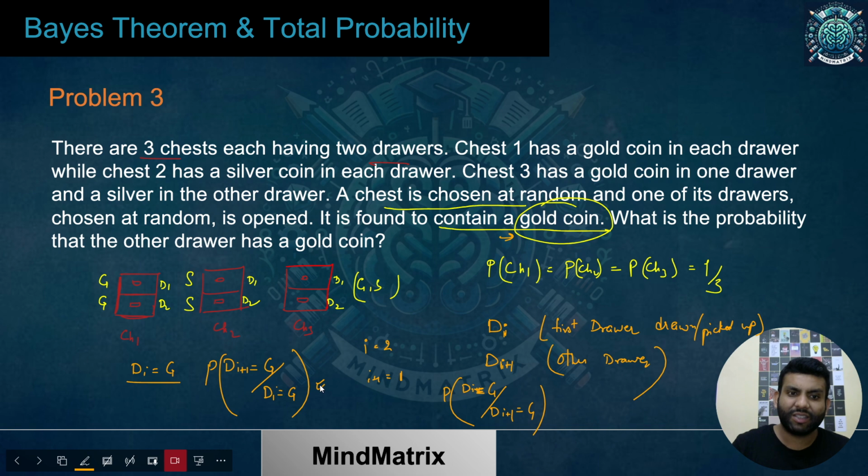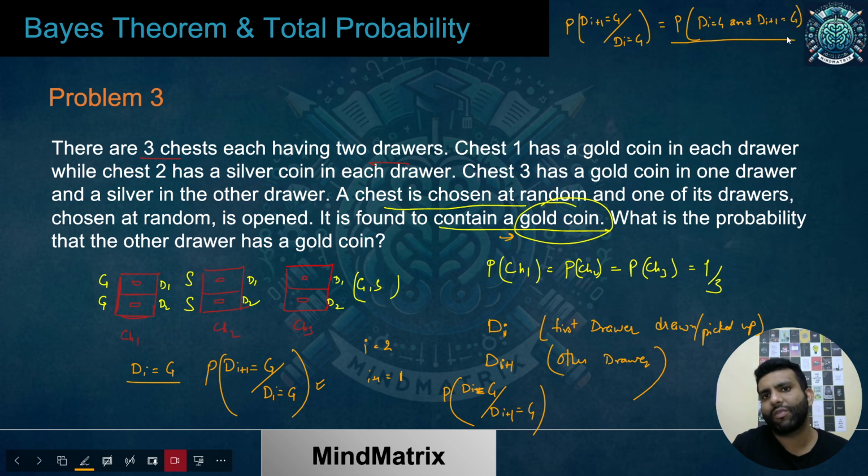So just to calculate this, let me write over here the formula you'll be needing. P of Di plus 1 equals G, given Di equals G, is equal to the probability that Di equals G and Di plus 1 equals G, the normal formula for conditional probability, divided by the probability that my first drawer, whatever it was, whether the second drawer of a chest or the first drawer of a chest, has gold.